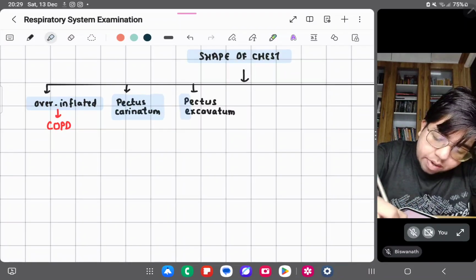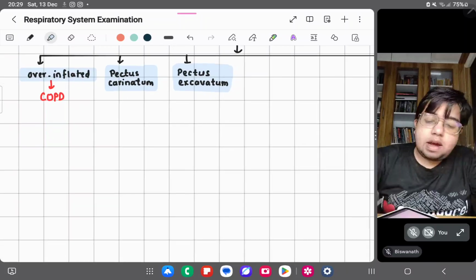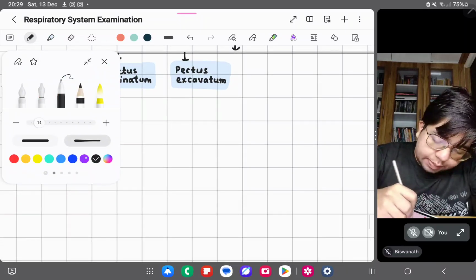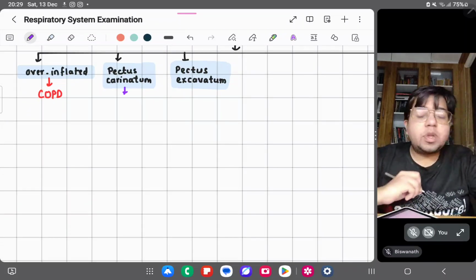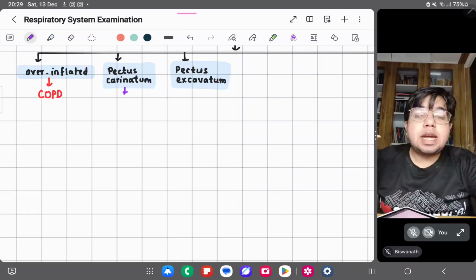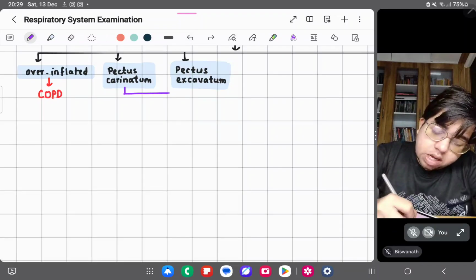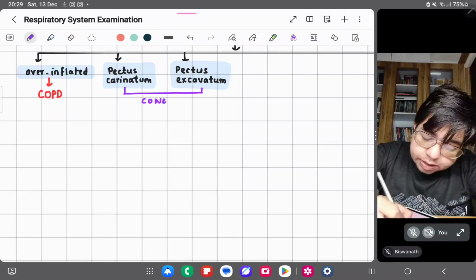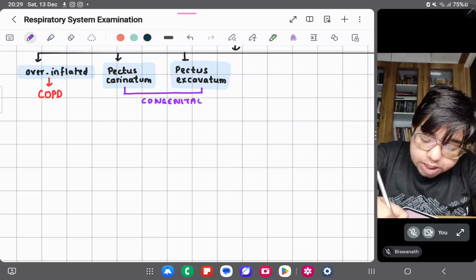Pectus carinatum and pectus excavatum. These are congenital diseases, congenitally present.